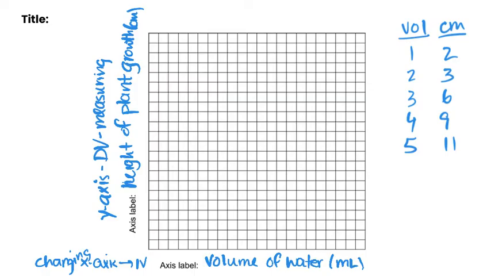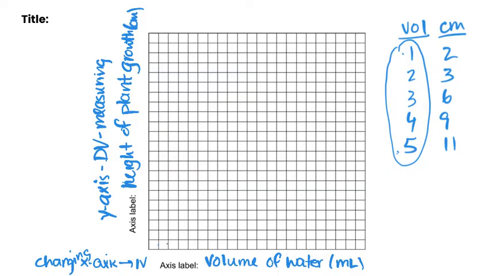Then for each of the axes, you would want to take a look at how big your data set is. So this goes from a volume of 1 all the way up to a volume of 5. And then you'd want to divide up all of your different little grids in order to divide that axis into even spacings and also making the most use of the space.